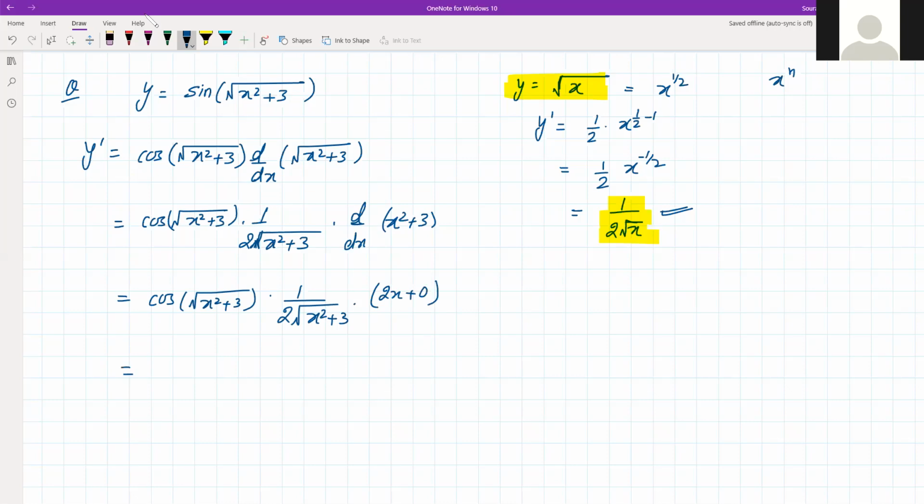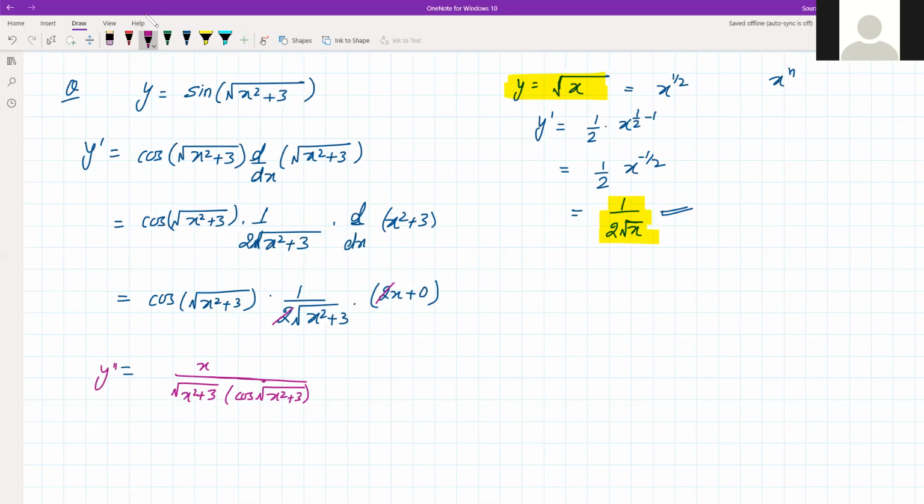So the 2 and 2 get cancelled. So this answer will be equals to x divided by root of x square plus 3 into cos of root of x square plus 3. So this is the answer.